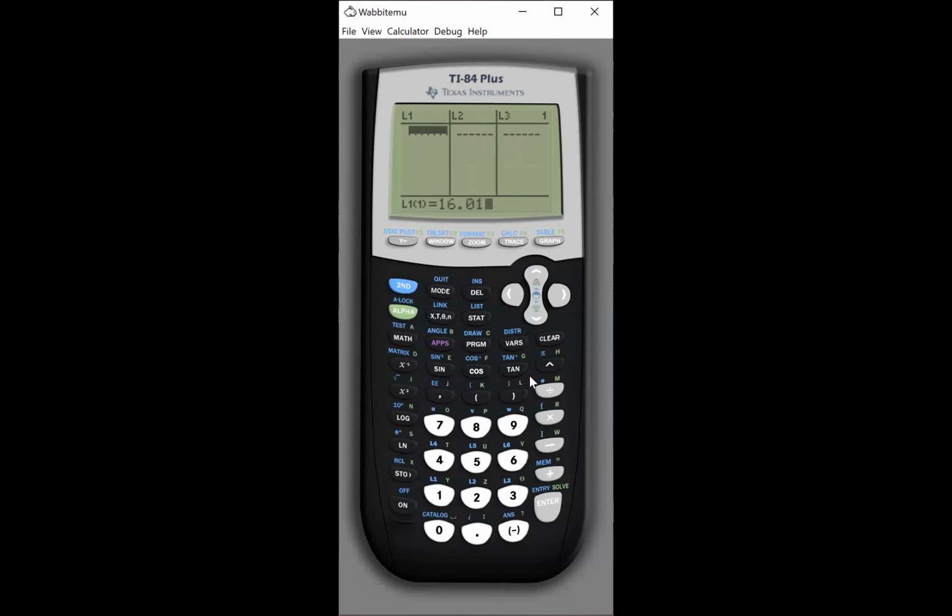So 16.01, 16, 16.04, 16.10, 15.2. All right, so that's my data set for L1. Now we have to do L2.